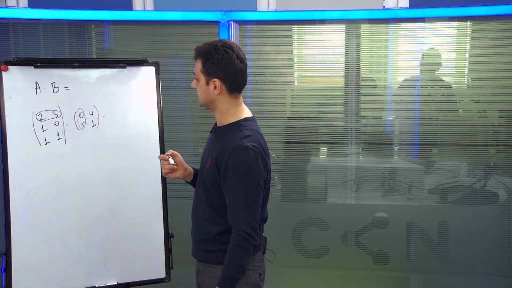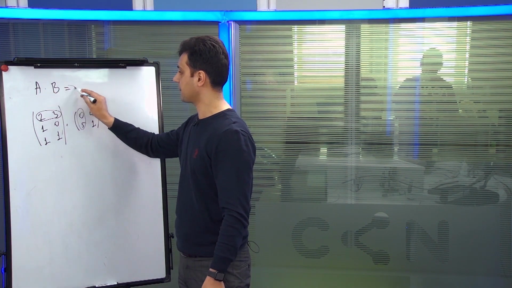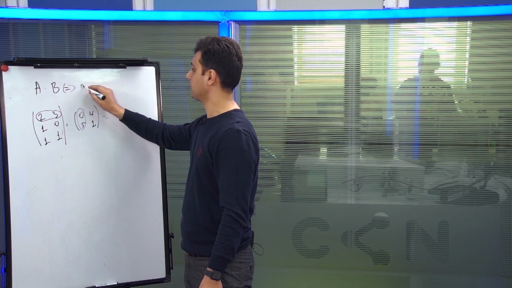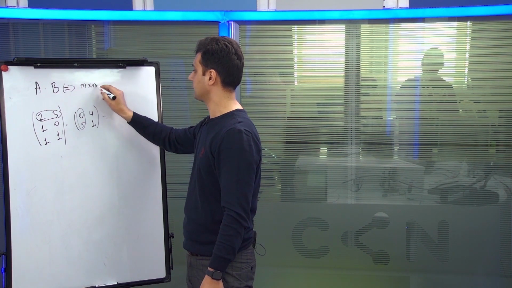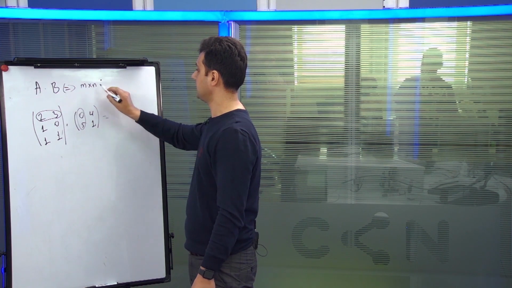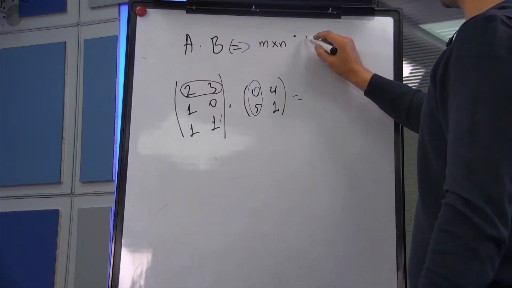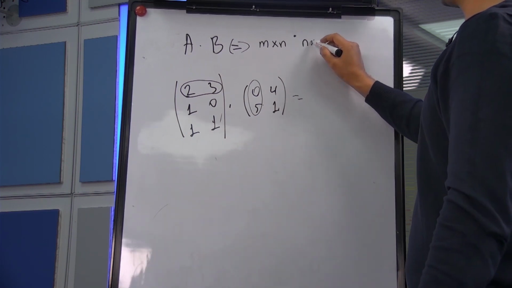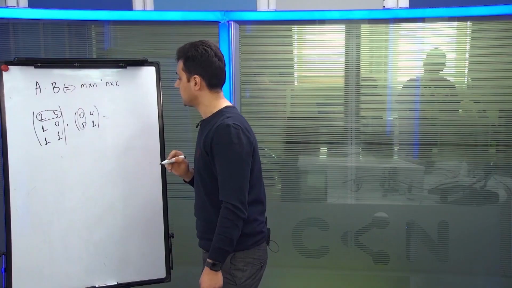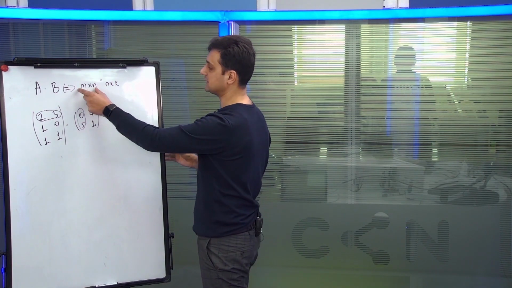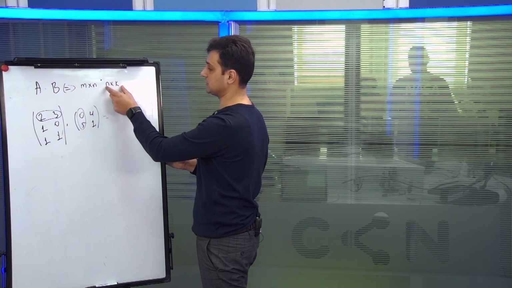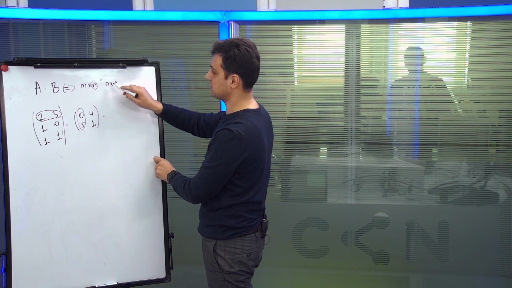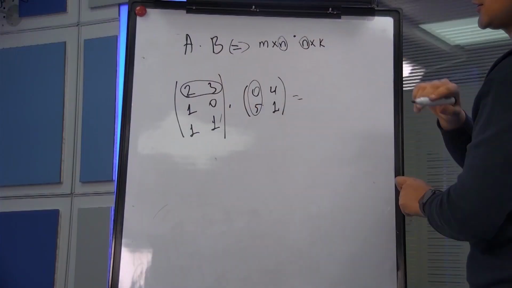Generally, how do we generalize this? If we have A and B for matrix multiplication, we should have M by N multiplied by N by K. So this is the dimension of the first matrix and the dimensions of the second matrix. So the number of columns of the first must equal the number of rows in the second one.